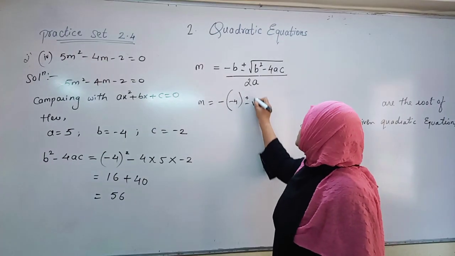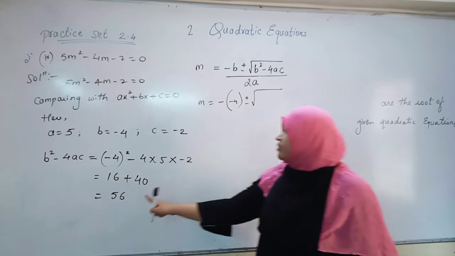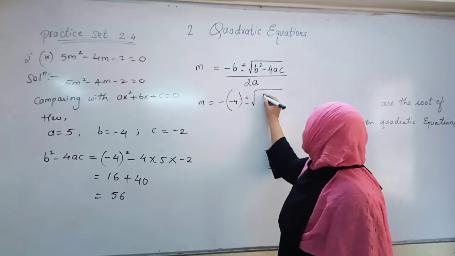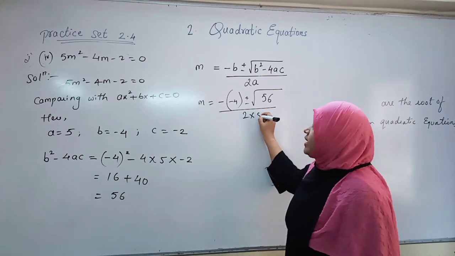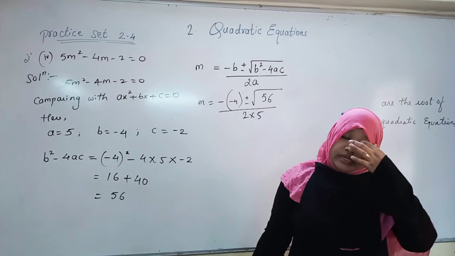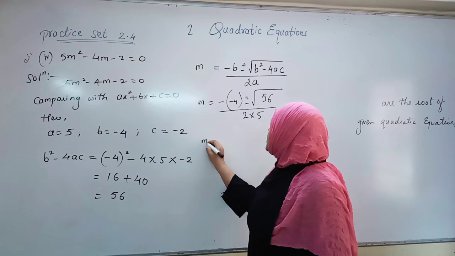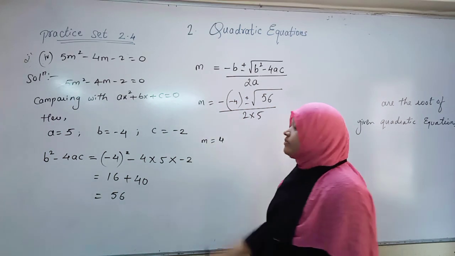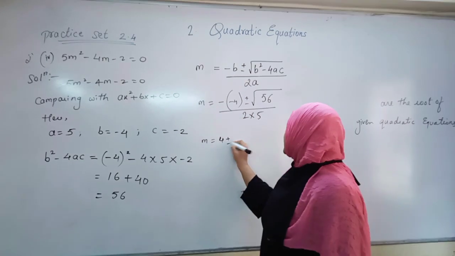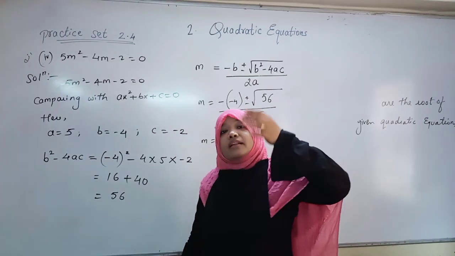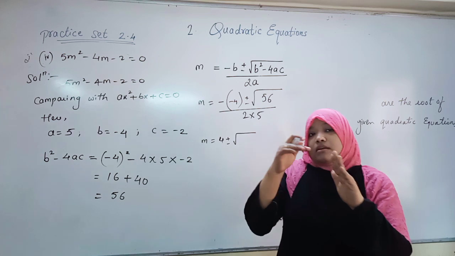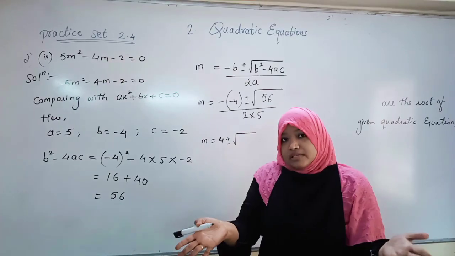Plus minus of square root of b square minus 4ac, which we got as 56, upon 2 into the value of a, which is 5. Understood student? Come on. Now m is equal to minus minus plus, so we got here 4 plus minus of square root of 56. Now student, what is the square root of 56? We don't have it.